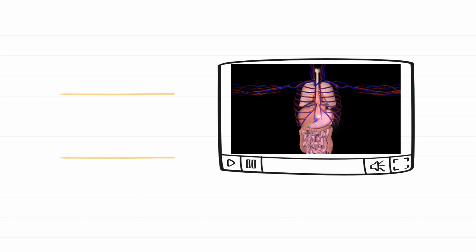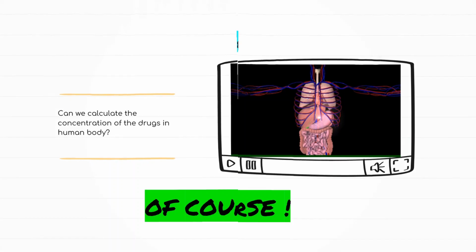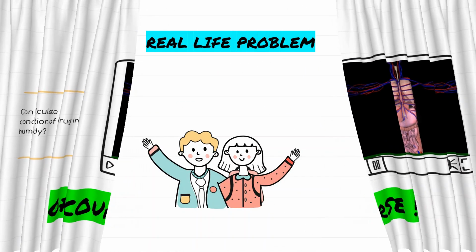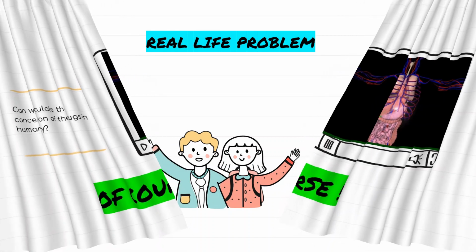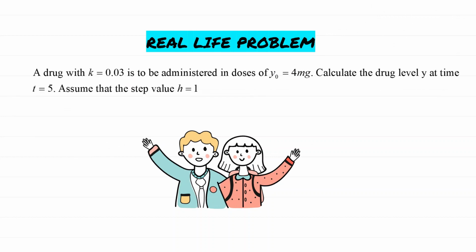Here is a motivation. Can we calculate the concentration of the drugs in the human body? The answer is yes, of course. So let's see an example of a real-life problem. A drug with k equals 0.03 is to be administered in doses of y naught equals 4 mg.